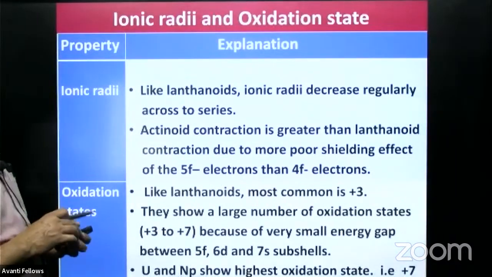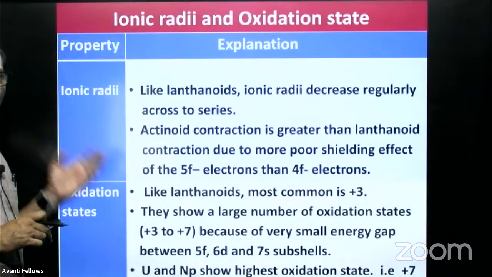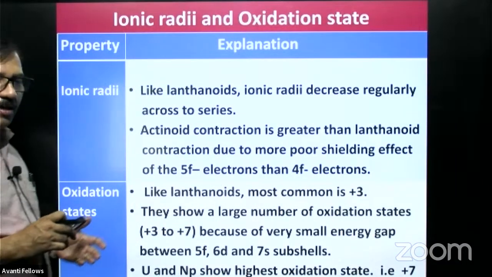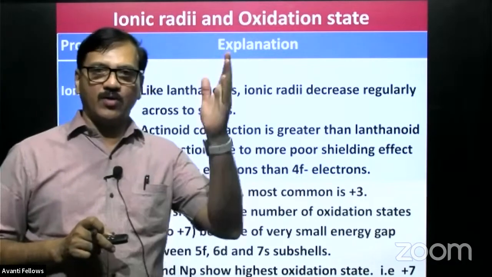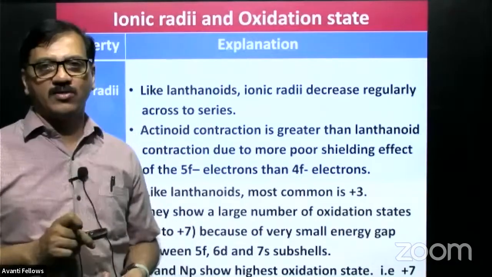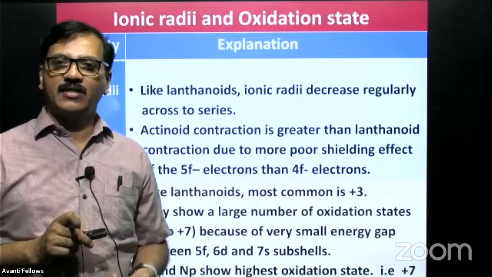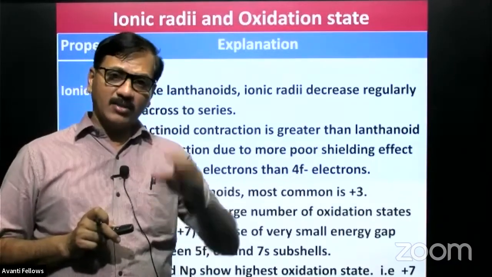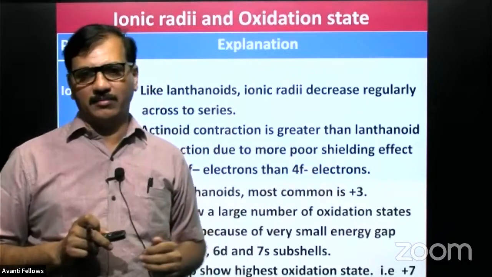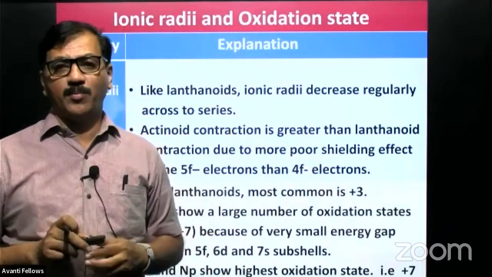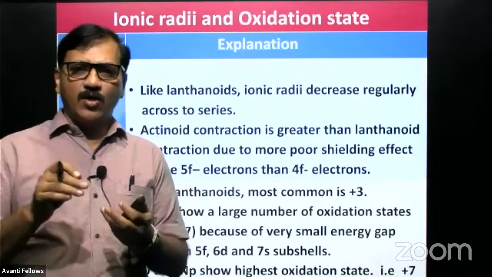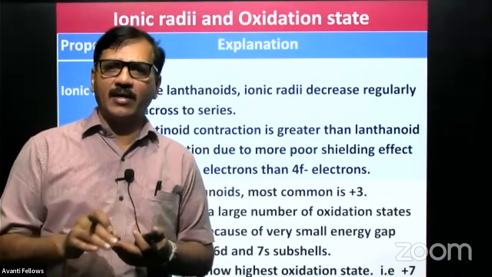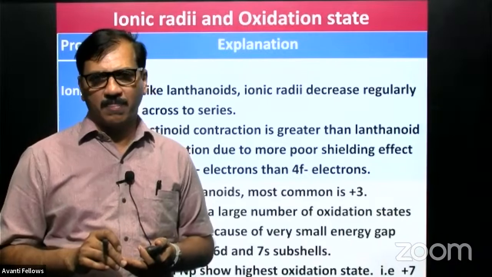Now ionic radii. Actinoids, like lanthanoids, show a regular decrease in atomic or ionic radius, and this is called actinoid contraction. Actinoid contraction is more than lanthanoid contraction, because of the poorer shielding of 5f electrons.